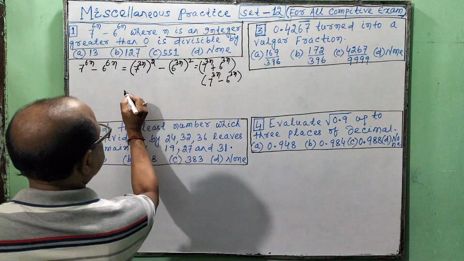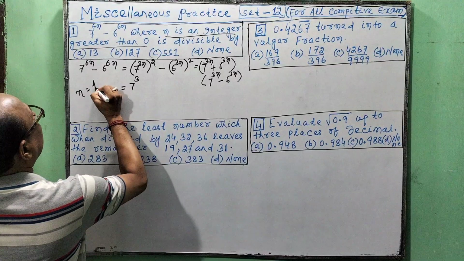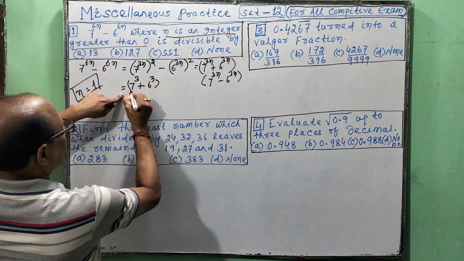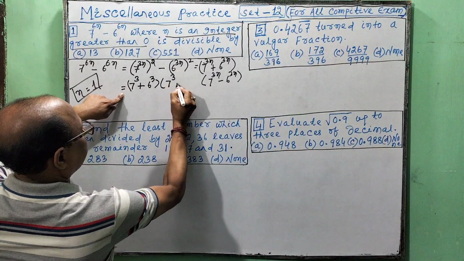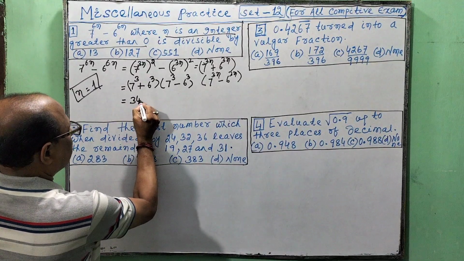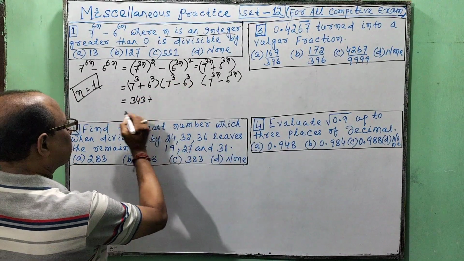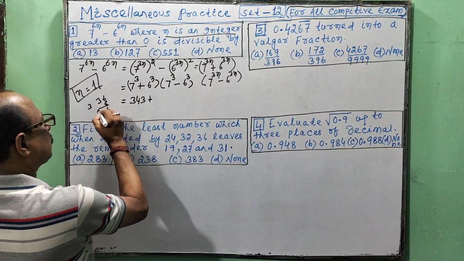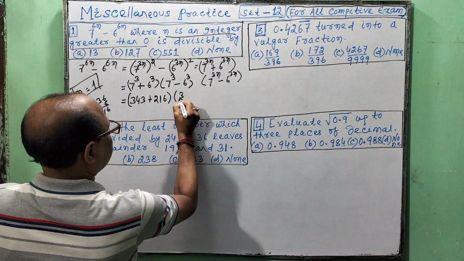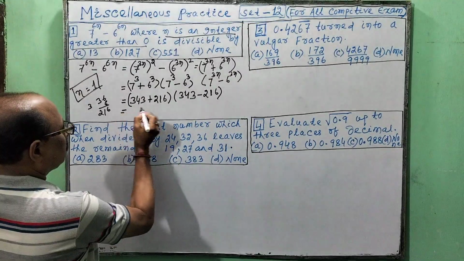So this equals 7 to the power 3 plus 6 to the power 3, because n is 1, whole into 7 to the power 3 minus 6 to the power 3. 7 cubed is 343, 6 cubed is 216. So 216 whole into 343 minus 216, which equals 127.